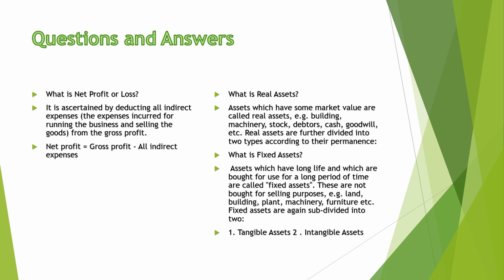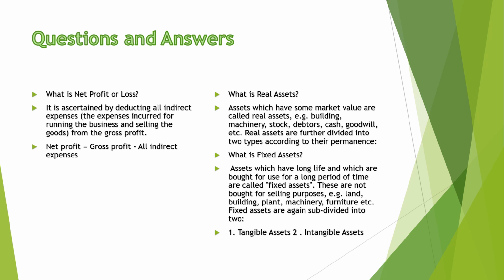What is net profit? Gross profit minus all indirect expenses is known as net profit. What are real assets? My dear friend, all the fixed assets which have some market value, like building, plant, machinery, stock, debtors.